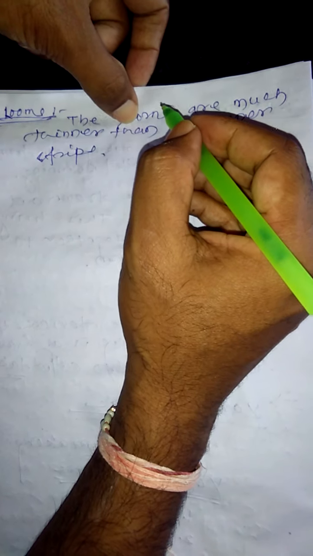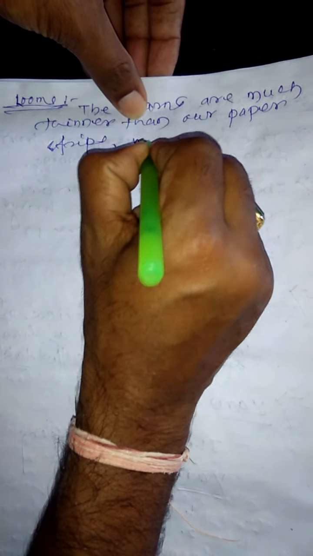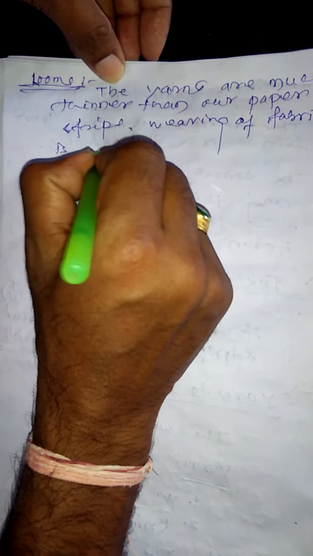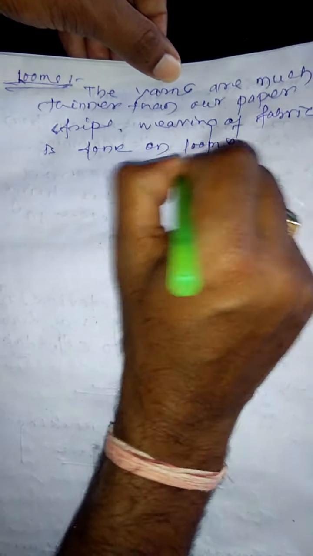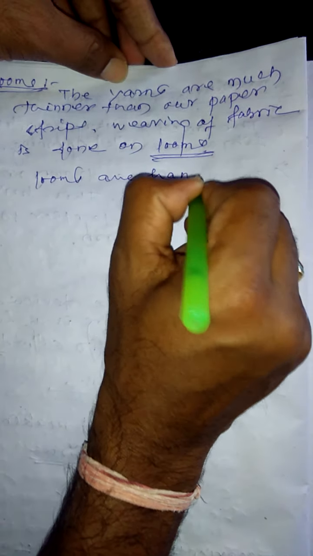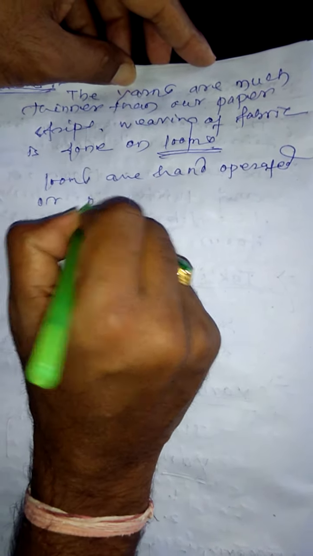Weaving of fabric is done on looms. Looms are hand operated or power operated, one type of device. So you can write: weaving of fabric is done on looms. Looms are hand operated or power operated nowadays.